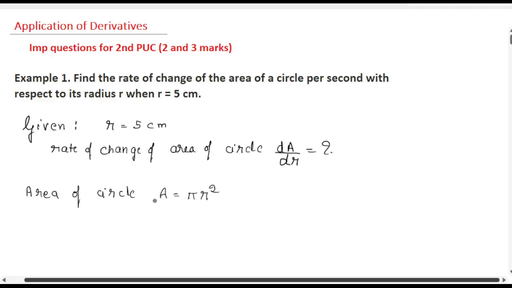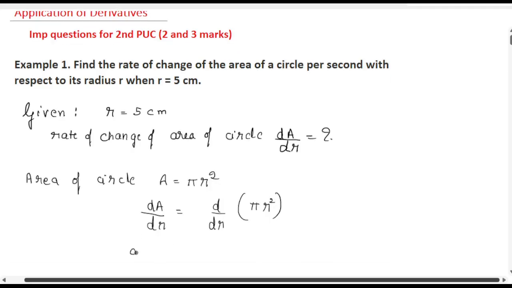So when we differentiate this, we get dA by dr. On differentiation, we get dA by dr equals d by dr of pi r square. Pi is a constant and differentiation of r square is 2r.